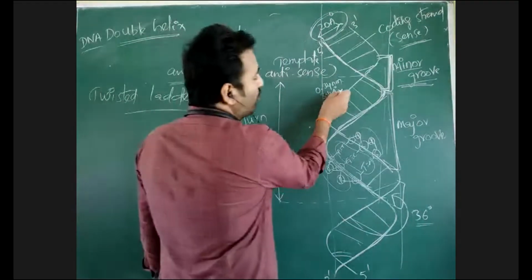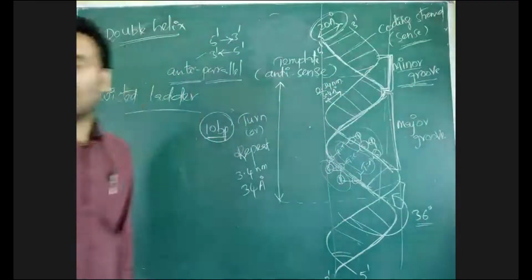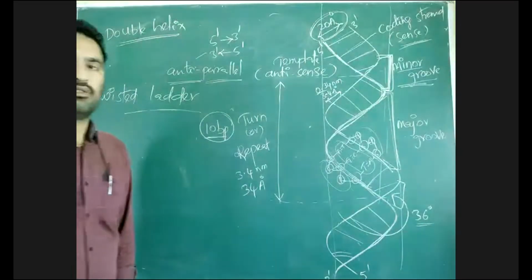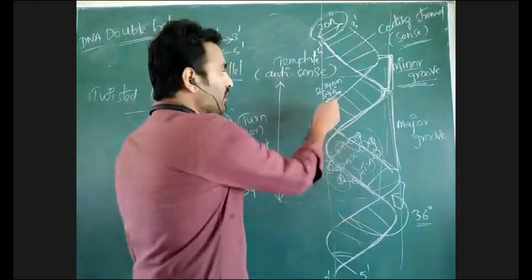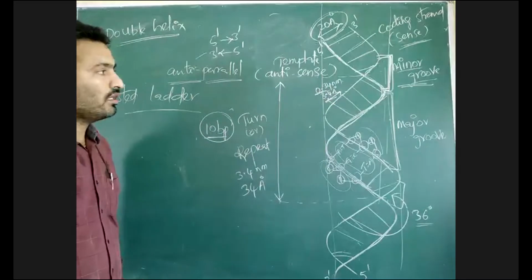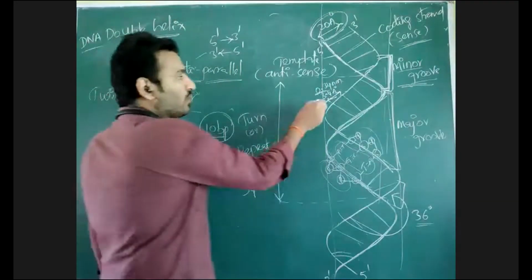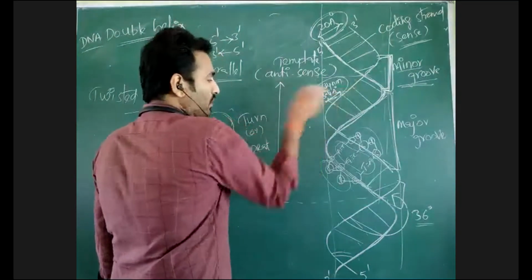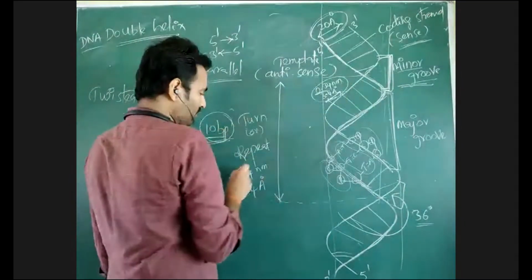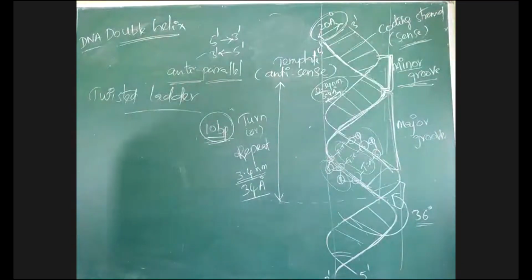The distance between two nucleotides in a polynucleotide chain is 0.34 nanometers or 3.4 angstroms. So 10 base pairs give 0.34 times 10, which is 3.4 nanometers or 34 angstroms, the length of one repeat.